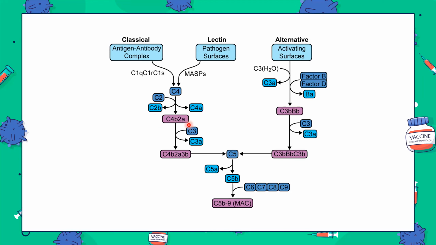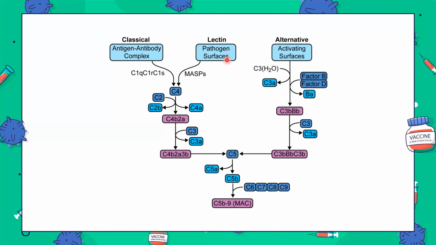Perfect. So C3 convertase will cleave C3 into the smaller C3a and C3b. Once I add C3b to my C3 convertase, what type of enzyme is this going to be? What type of complex is this? C5 convertase. Perfect. My C5 convertase will cleave C5 to give me C5b, which will then bind to C6, 7, 8, and 9 to give me my MAC.